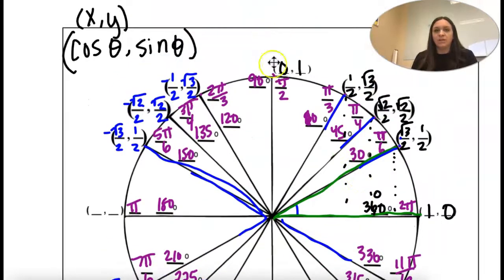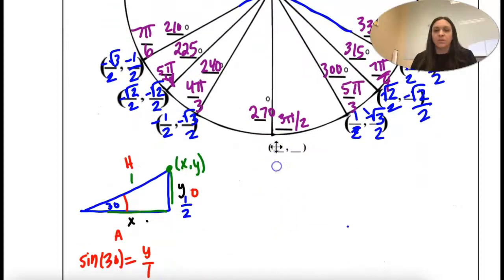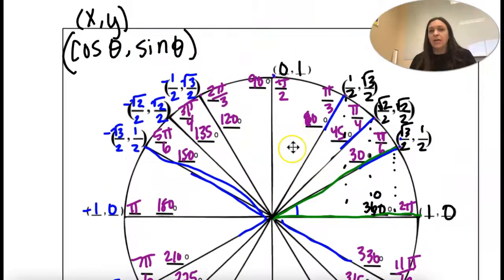And then these points, we can just go back 1, no up or down, go down 1. And remember, x or cosine is x, sine is y. And that'll help us do our next set of problems.